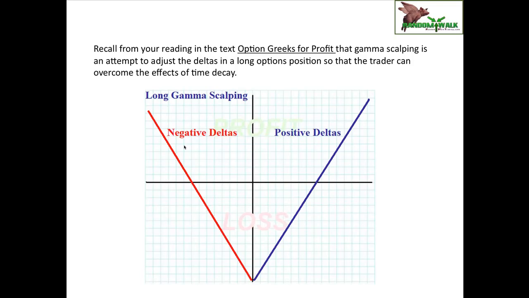That's what you're trying to do. On the other hand, if the stock goes down, you're going to have some negative deltas. So what do you do? You buy stock so that your delta gets back to zero. So the notion of gamma scalping is when the stock moves, you buy or sell stock in order to get yourself back to a delta neutral position. That is the notion of standard gamma scalping.